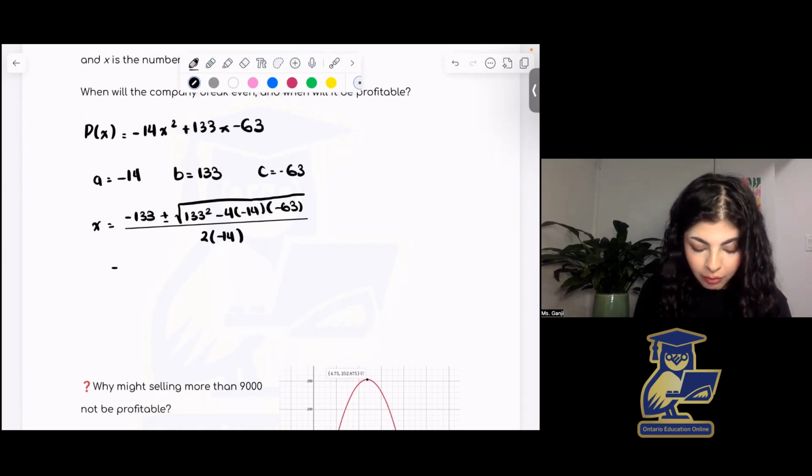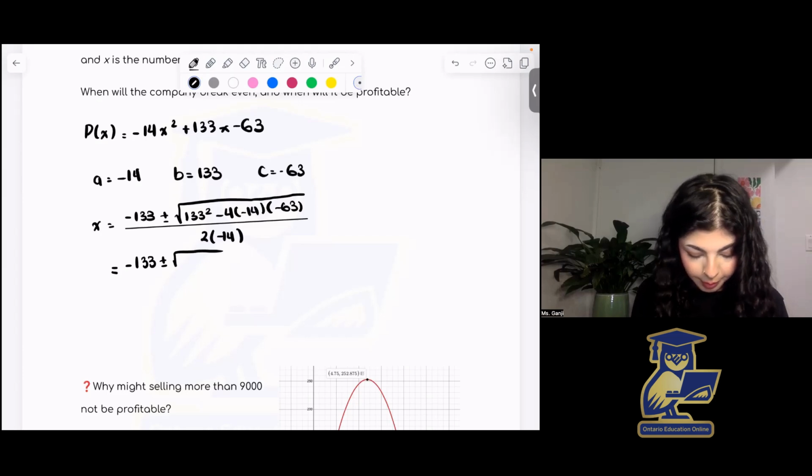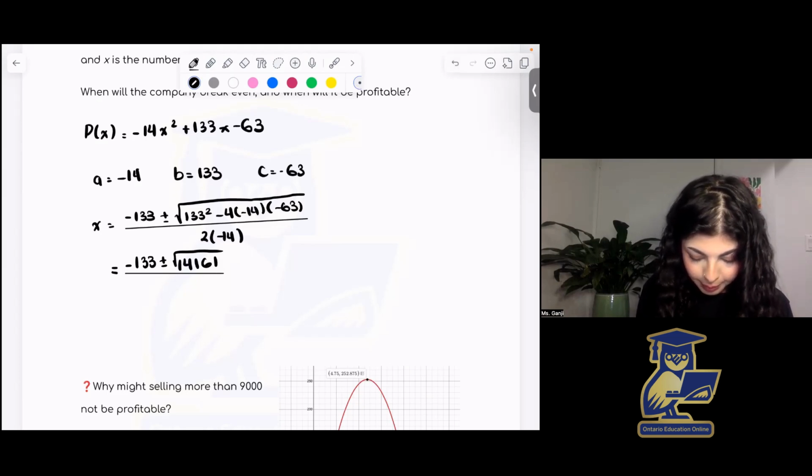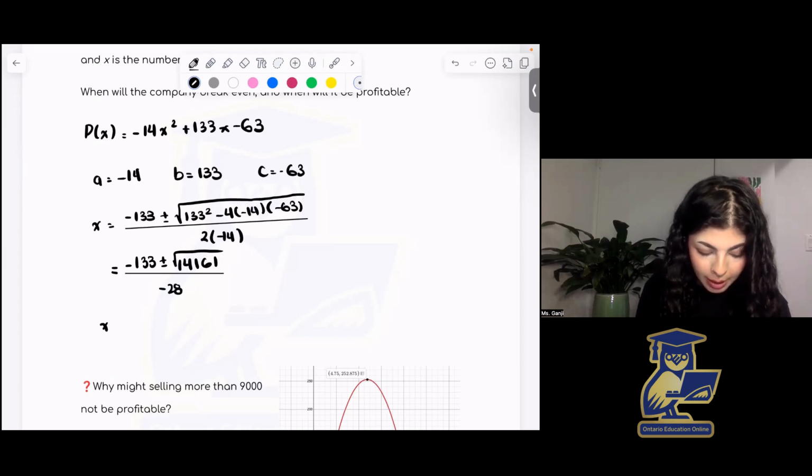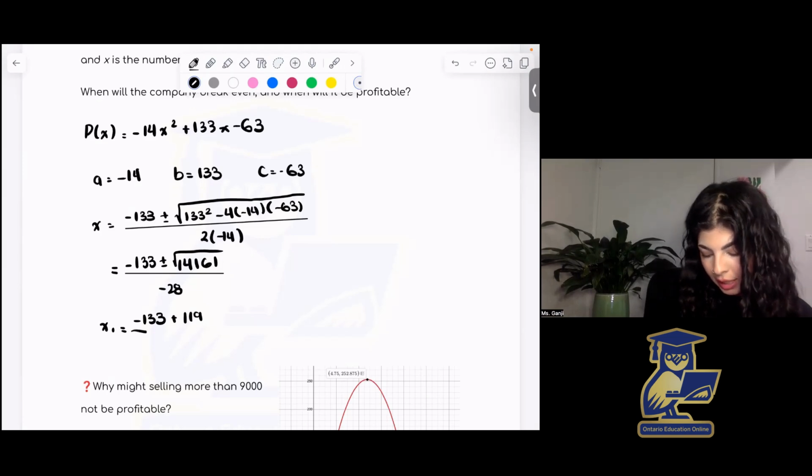So now, solving this through, we get this over -28. So now, x1 is, using a calculator, 119 over -28.